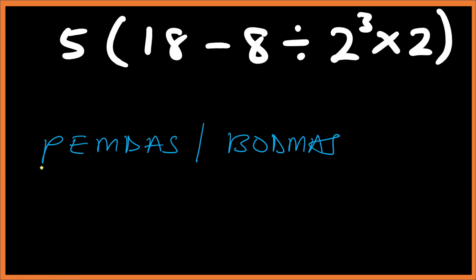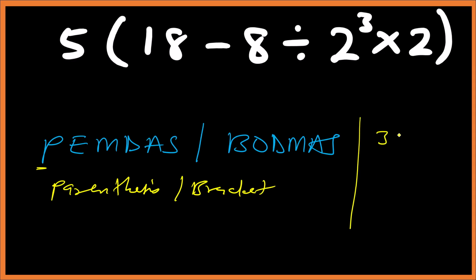The P is for parentheses or brackets. So when you are given 3 times 5 parentheses 7 minus 6, you tackle this one first. That's a parenthesis. So the next one has to do with exponents.